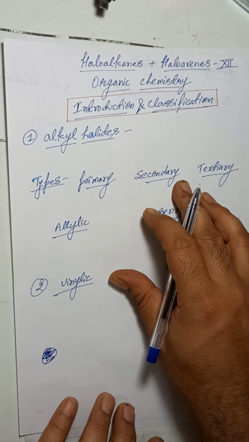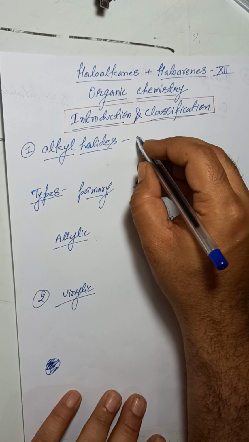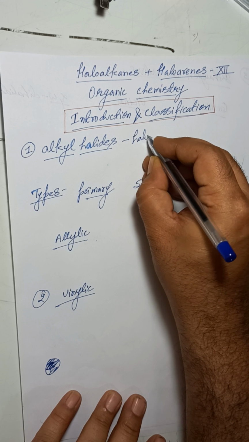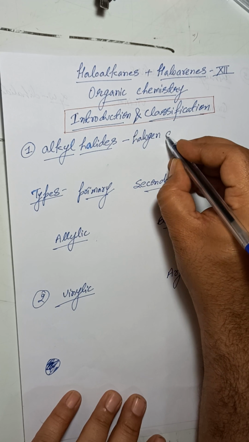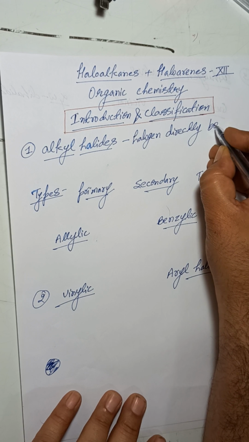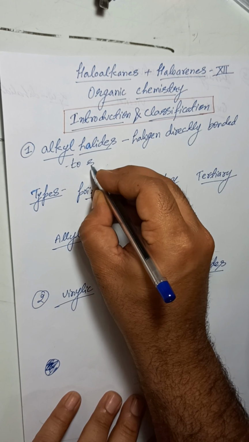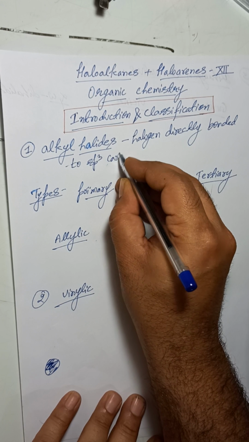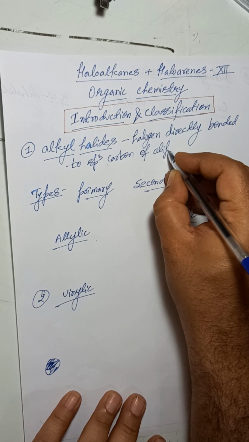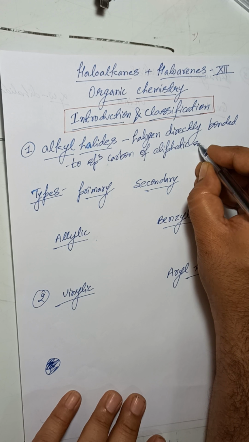Anyway, very simple thing. Alkyl halide is a halogen derivative of alkane, or we can also say when halogen is directly bonded to sp3 carbon of aliphatic systems.